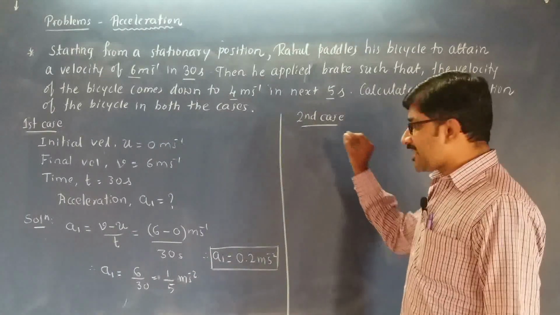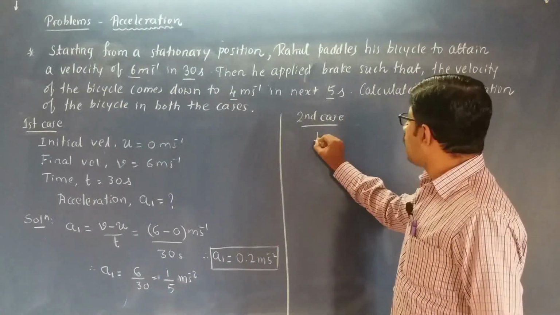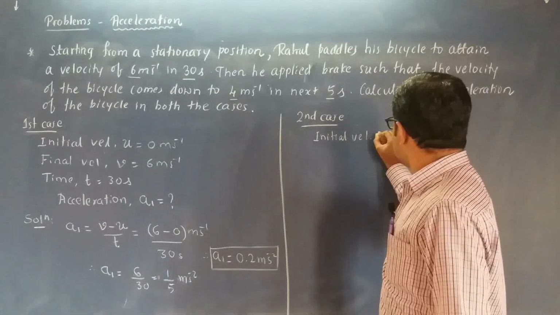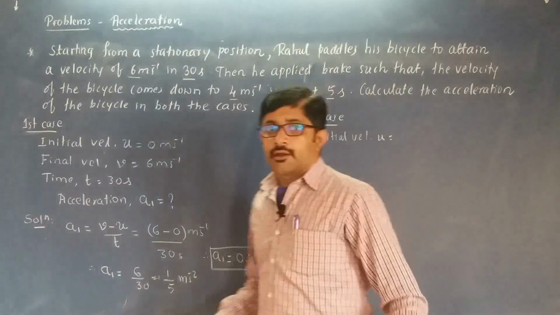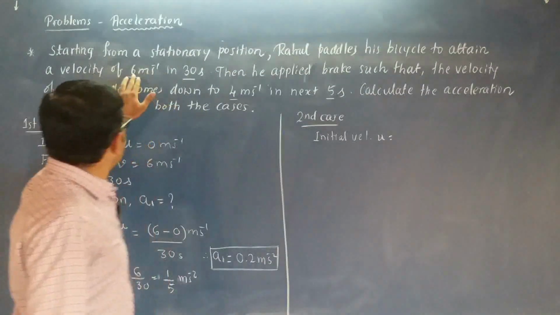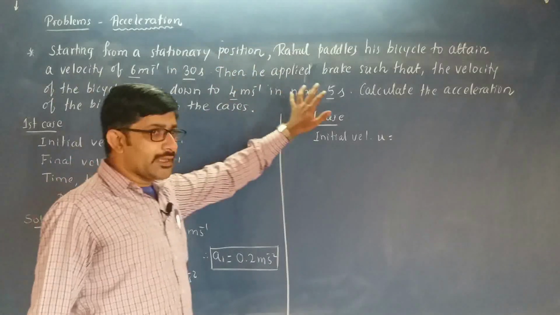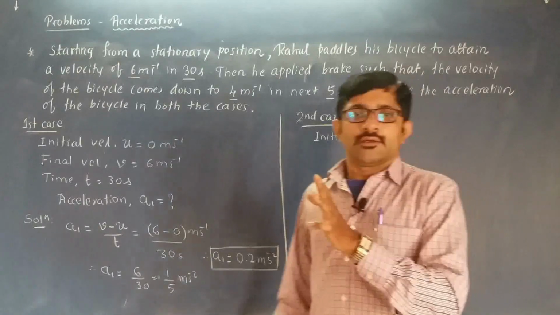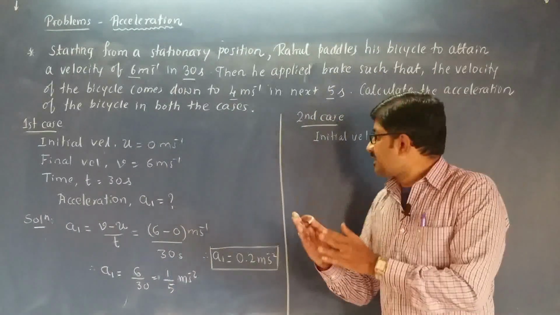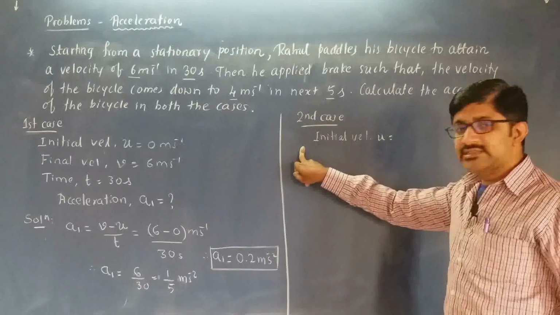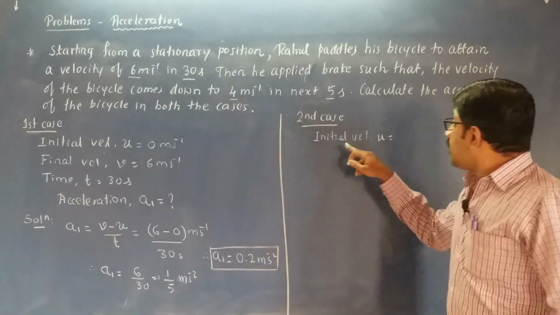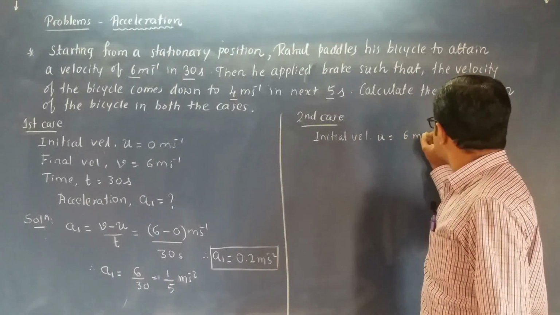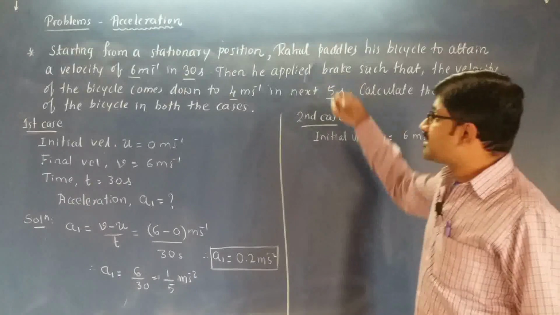Okay. In the second case, initial velocity is going to change. Initial velocity is 6 meter per second. Before application of the brakes, he maintained 6 meter per second of velocity. Therefore in the second case, initial velocity u is equal to 6 meter per second, that is by our understanding.